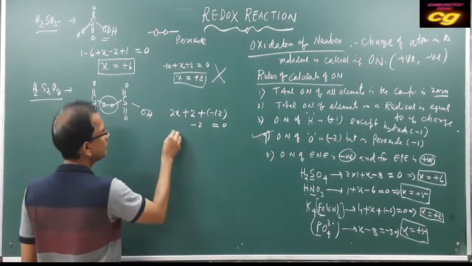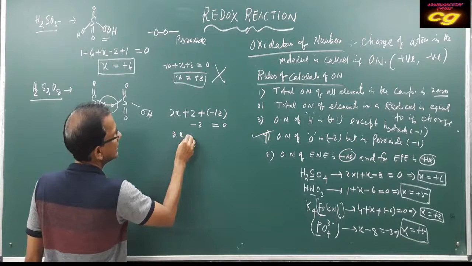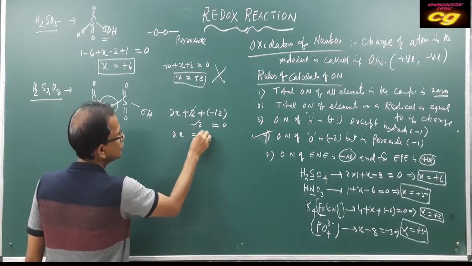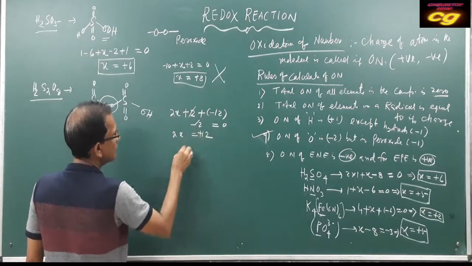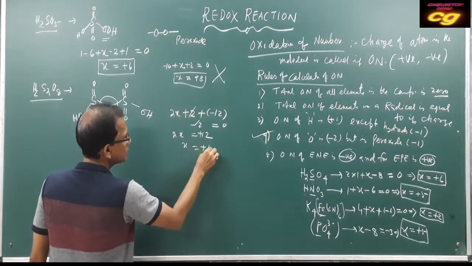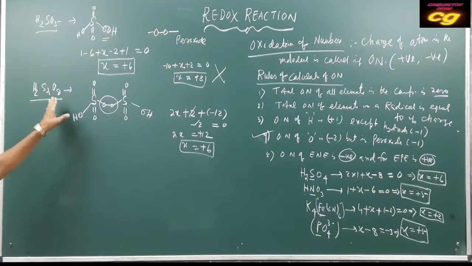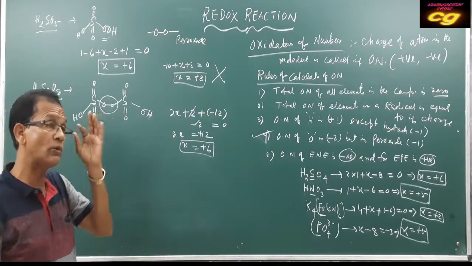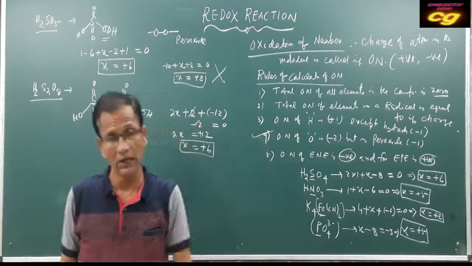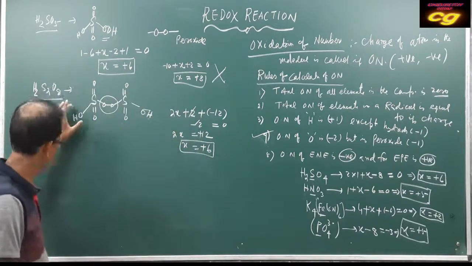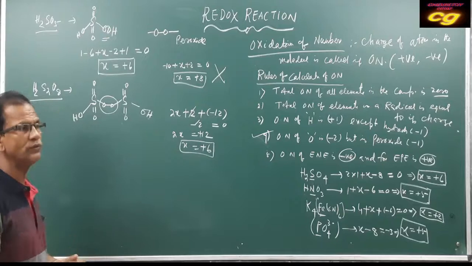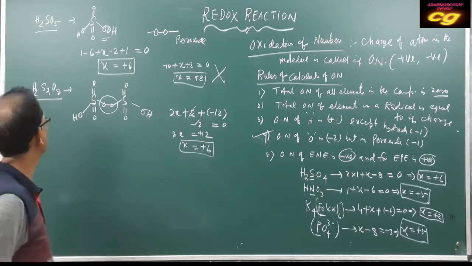Now 2x is equal to 12 plus 12 minus 2 cancels, so x is equal to plus 6. In this way also you can calculate. This is one important thing: you have to draw the structure, then you can know the actual oxidation number. Without the structure, your answer will be wrong.